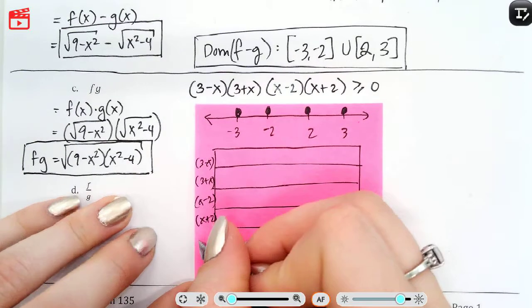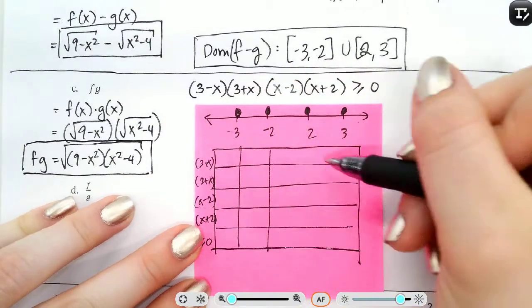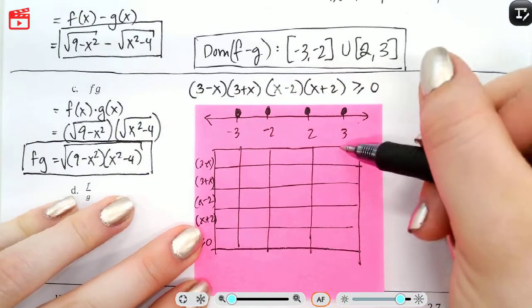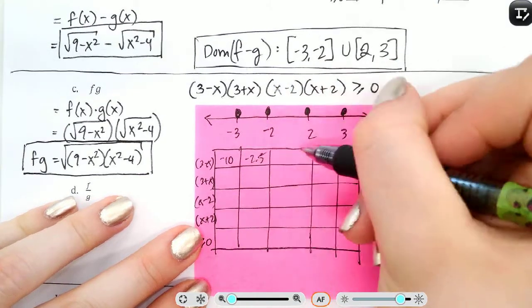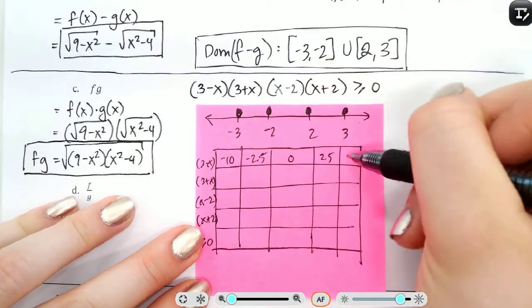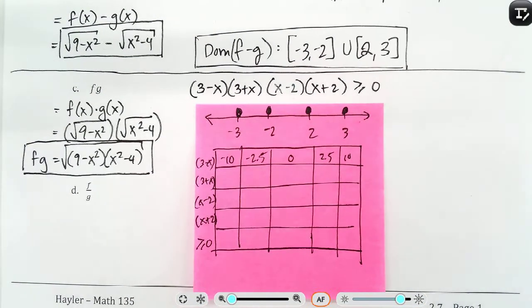The sign needs to be greater than or equal to 0. All right, so pick my test points. Let's do -10, -2.5, 0, 2.5, and 10. Go ahead and fill this out and see what answer you get.